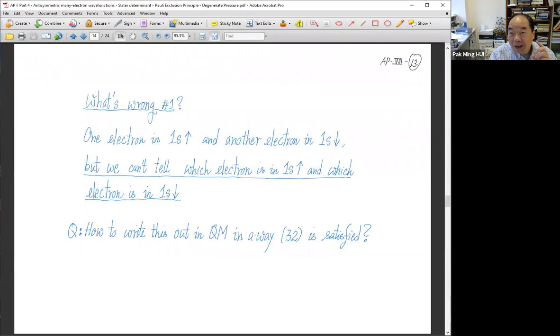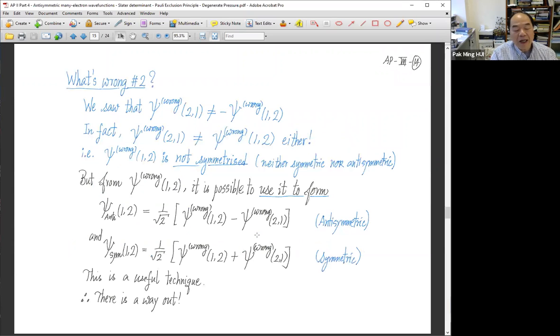So that is one mistake that we have made. If we inspect closely, as I just pointed out, the one that we wrote down is neither antisymmetric nor symmetric. That is to say, it does not have any symmetry property.